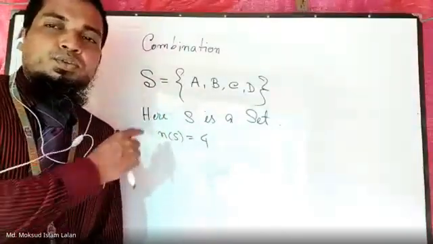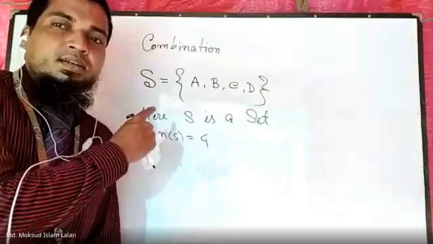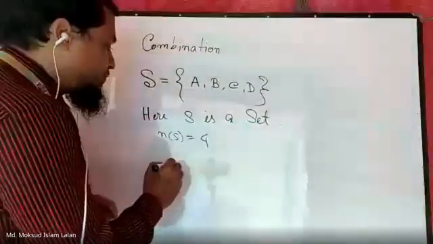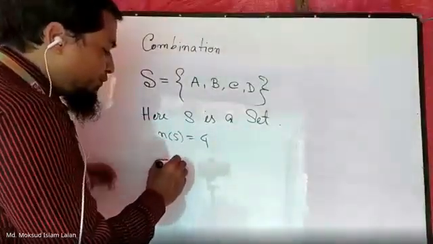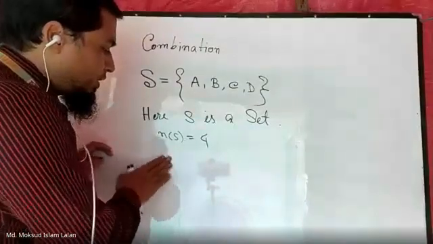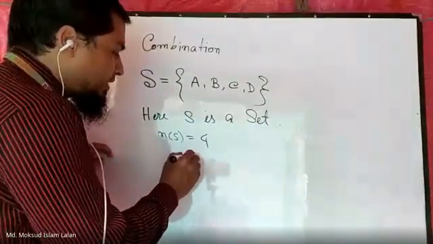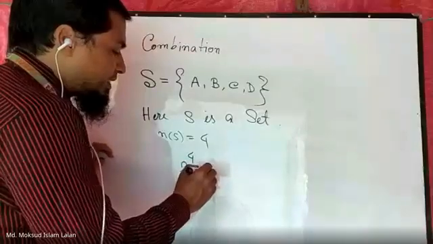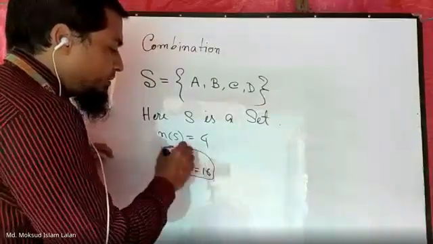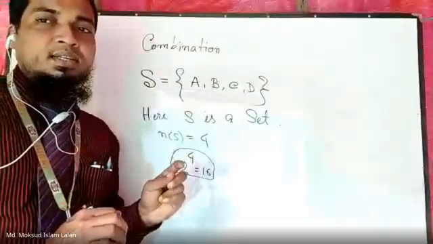There will be many subsets here. How many subsets are there? There are 16 subsets, right? Are you agreed with me? Yes, sir. There will be 16 subsets.